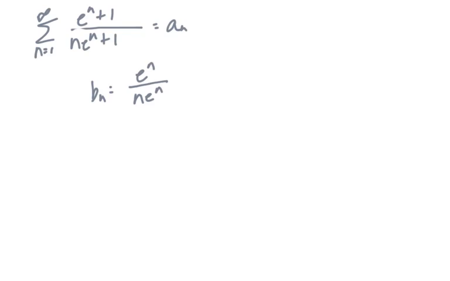That's our leading terms. So these cancel, and we have 1 over n. Remember that the series of 1 over n is the harmonic series, and it's divergent.